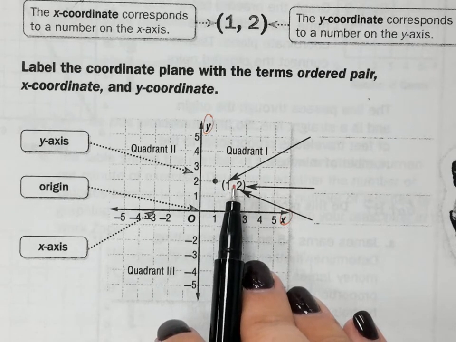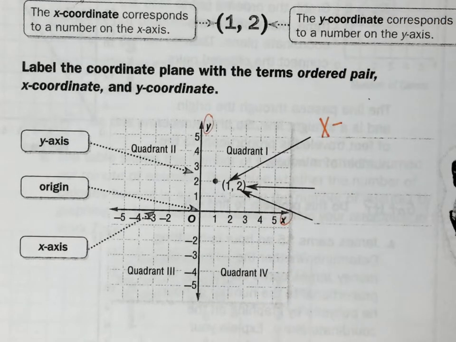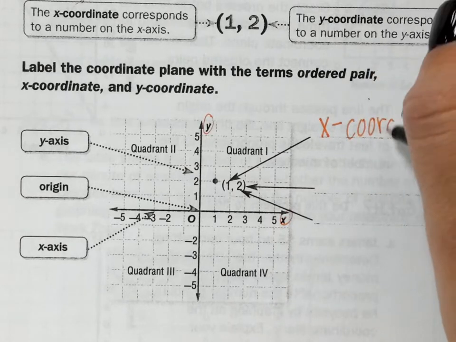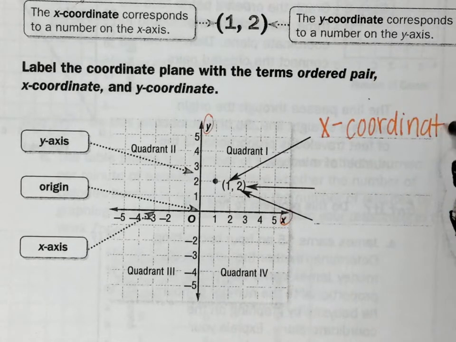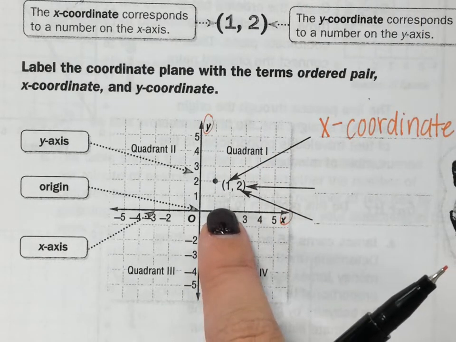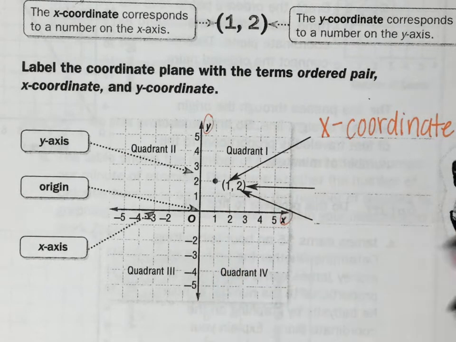What's the name of that 1? X coordinate. So the 1 is called your x coordinate. What is the 2? Y coordinate.